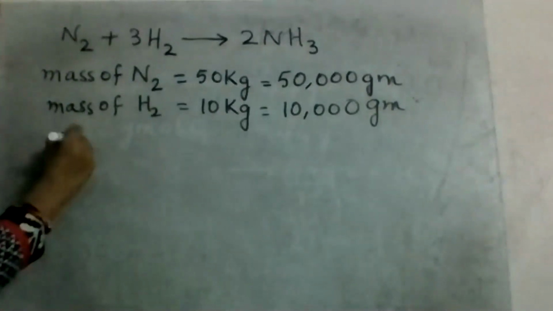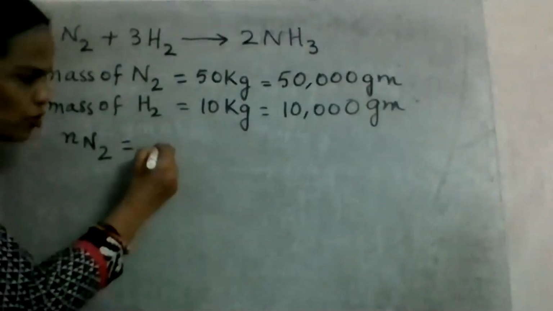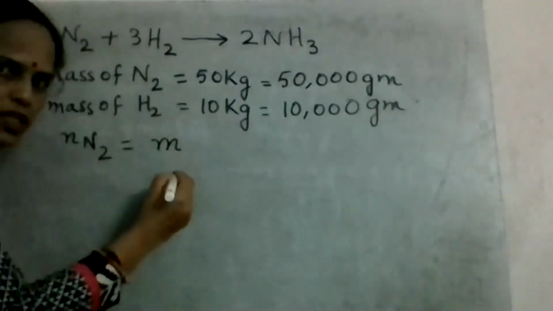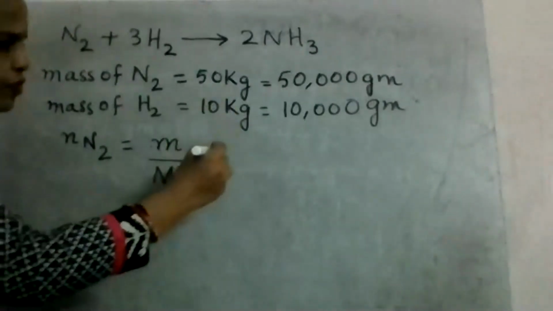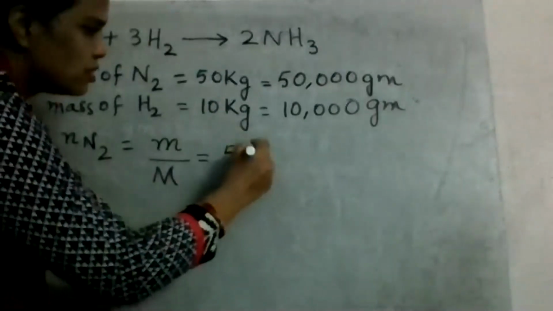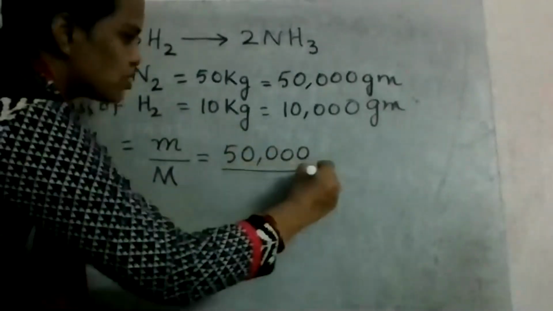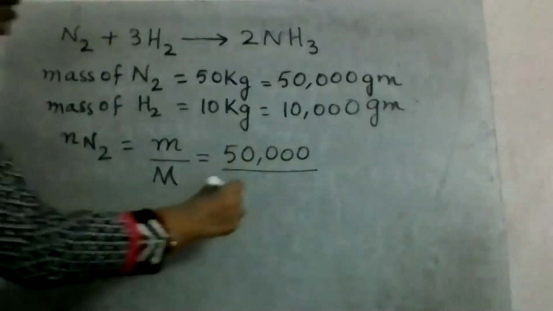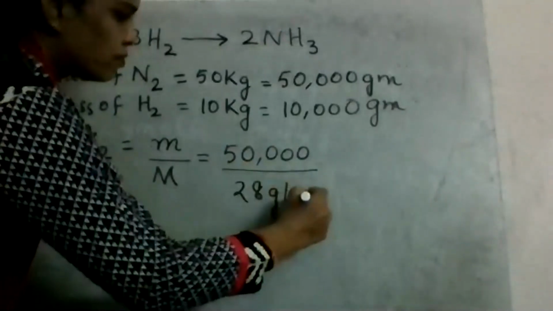Now we can calculate the number of moles of nitrogen by putting in the formula: number of moles of nitrogen equals given mass upon molar mass. Given mass is 50,000 grams for nitrogen, and the molecular mass of nitrogen, we know, is 28 grams per mole.